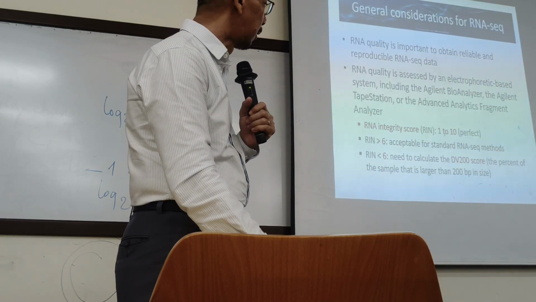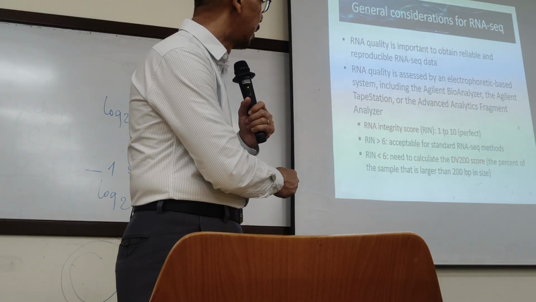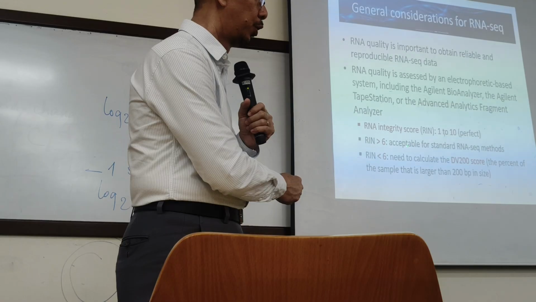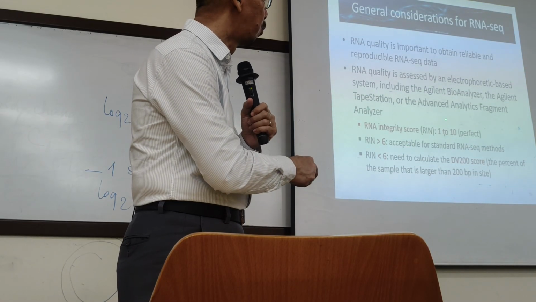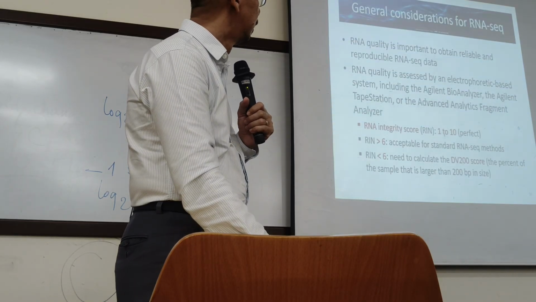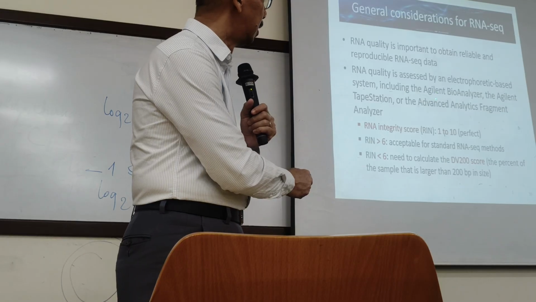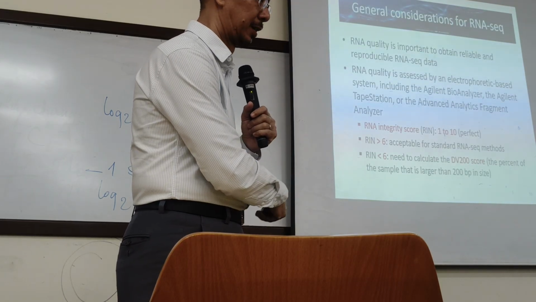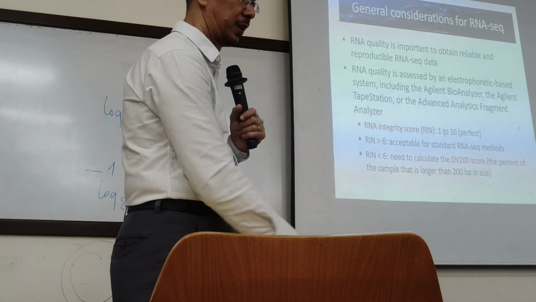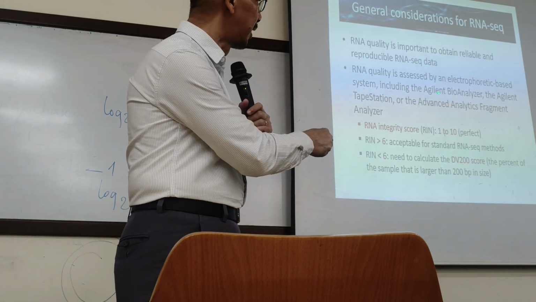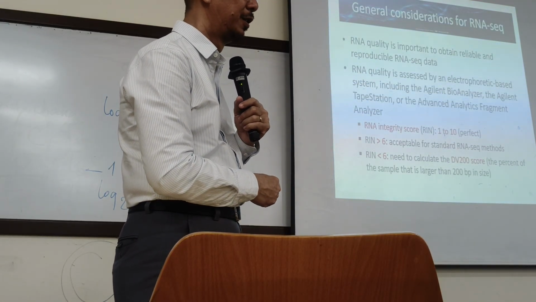We base on this score, the RNA integrity number, RIN values, from 1 to 10. And how do we measure it? We use this machine, the Agilent Bioanalyzer. We also have other machines, but I say this machine is very common in many labs.